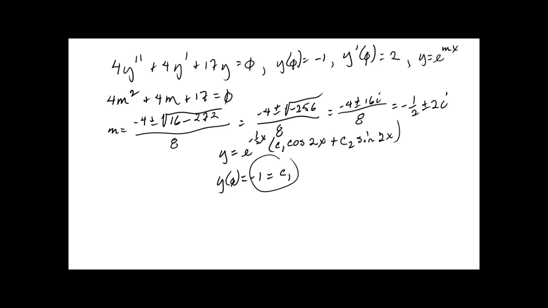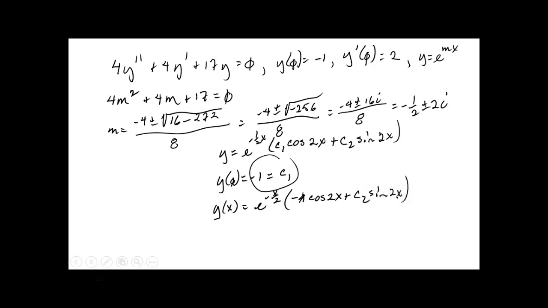So let's go back to the original. Y of x is equal to e to the minus x over 2, that's just easier to write, times minus 1 cosine, so let's just make it minus cosine 2x plus c2 sine 2x.